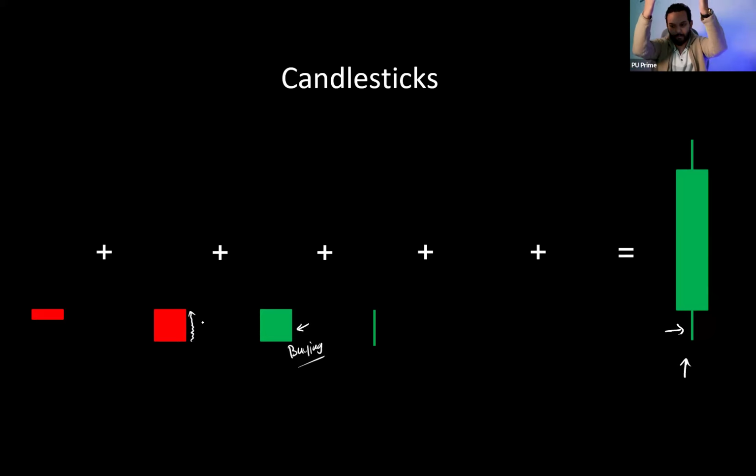The sellers are bringing the price down and the buyers are pushing the price up. We show this on the chart as just a wick. This is how the wick is formed. And this is very important information for you because if the candle has a long wick, it means that the buyers become very strong in the market, right?